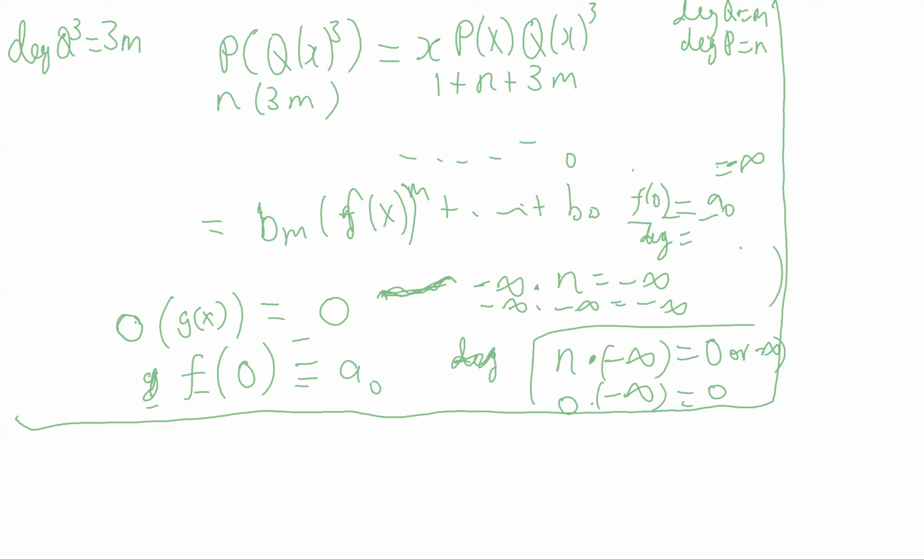Composition of 2, 0. Yeah. This rule looks pretty strange for that.